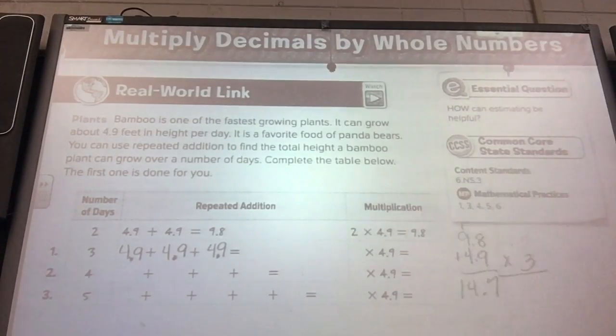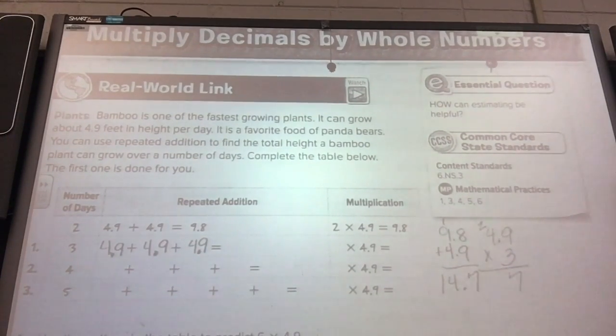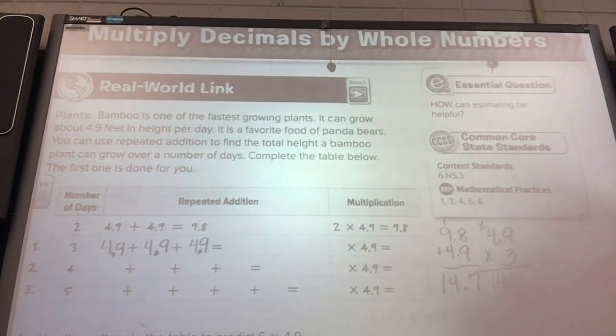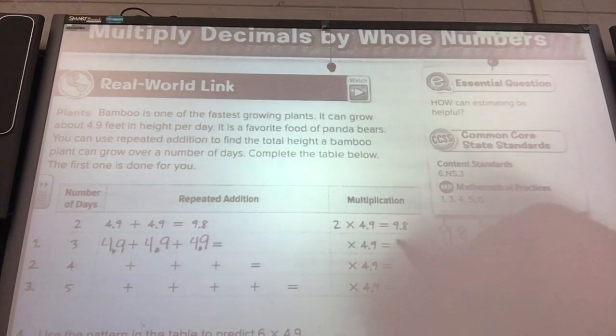Sorry, my fault. I was like, wait a minute, something's not right. 4.9 times 3. And we would have 9 times 3 is what? 27. Carry the 2. 4 times 3 is 12, plus 2 is 14. Now, anytime we multiply decimals, we have to start to the right and count how many places over. And we have one place. So you go all the way to the right, and go over one place. And you end up with 14.7.